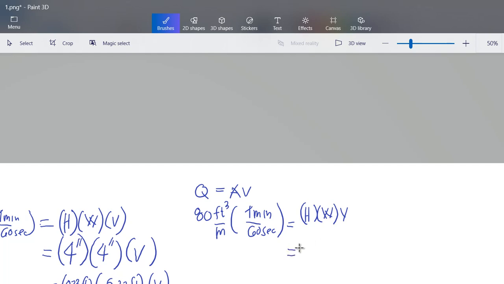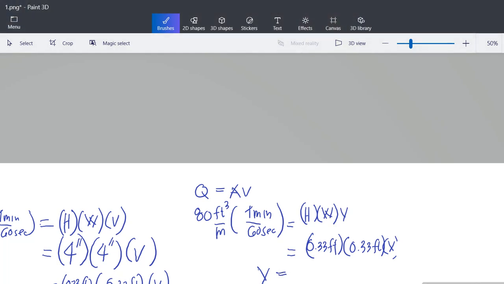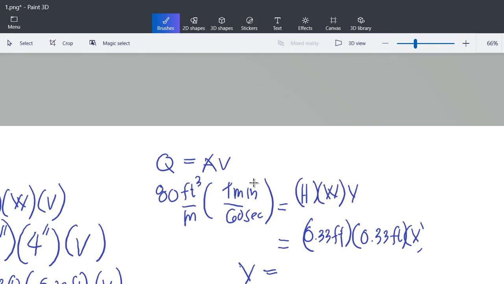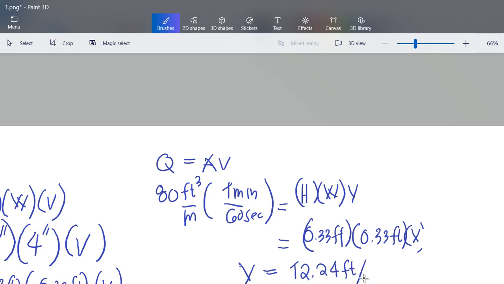We use again 0.33 feet times 0.33 feet, then multiply by the velocity. Finally, the velocity is equal to 12.24, so this will be feet per second.